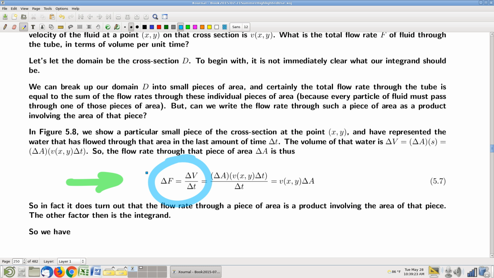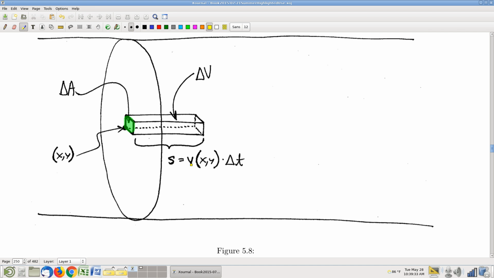I can see the volume explicitly in this picture in a given amount of time, delta T. Here's the volume that I'm interested in. So I want to know how to compute that volume. That will be our numerator.